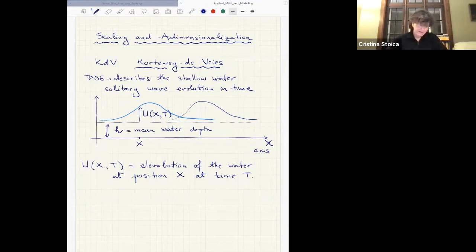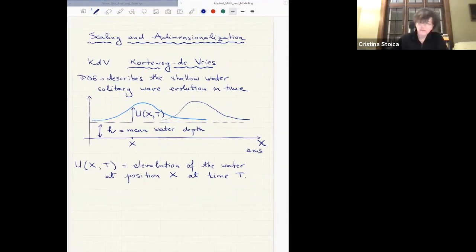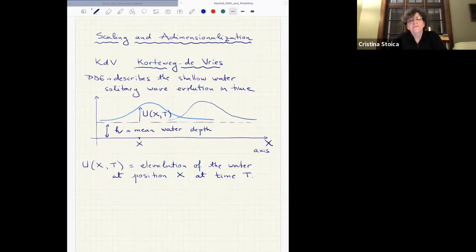Now, it was done from experiments, from certain assumptions in fluid equations of motion, that we end up with the following equation of motion.